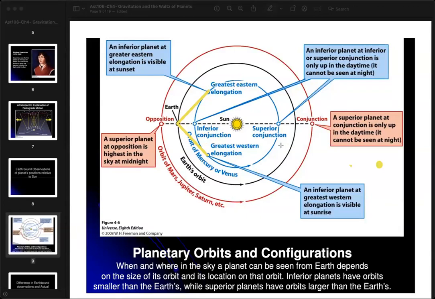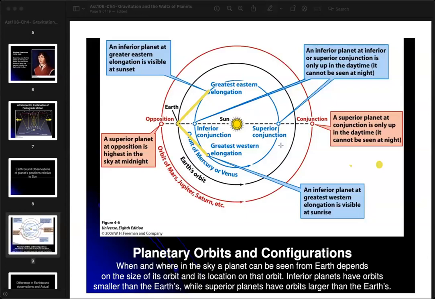So those are the times when it is most separated from the sun in the sky. And when it is separated from the sun in the sky, that is when it is easy to see Venus.